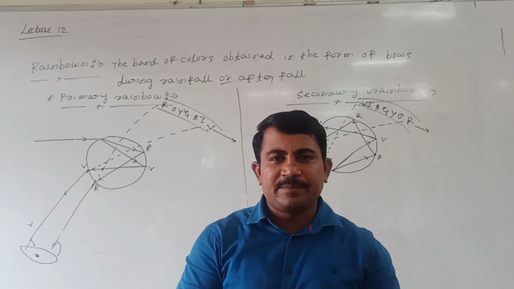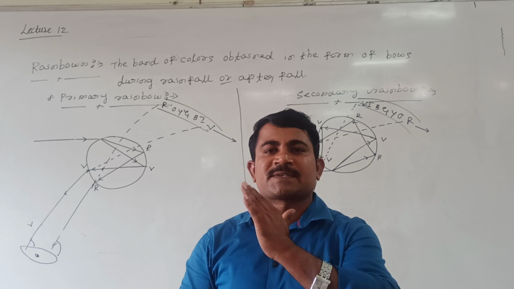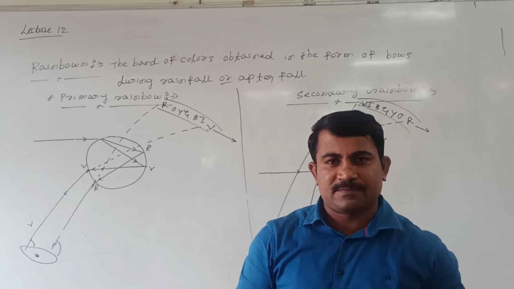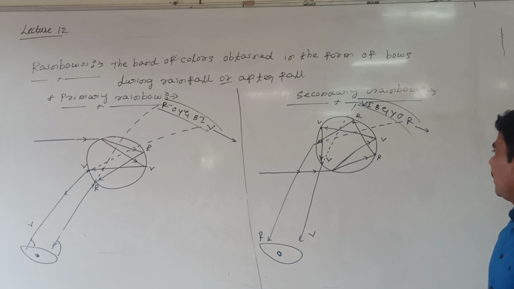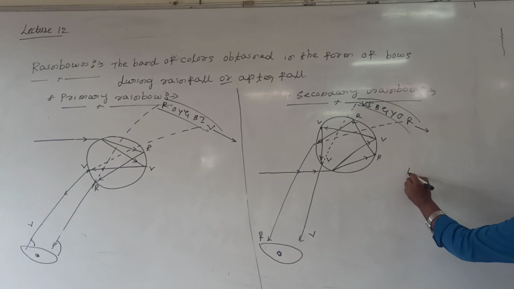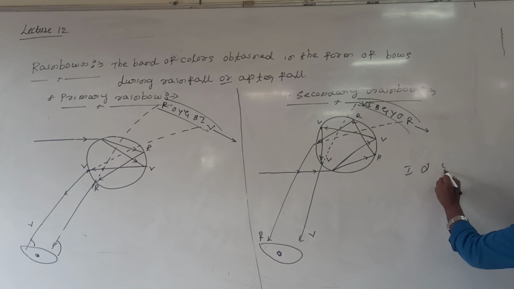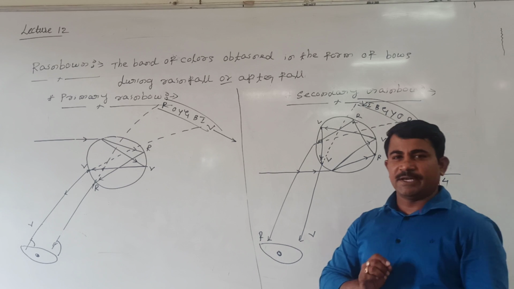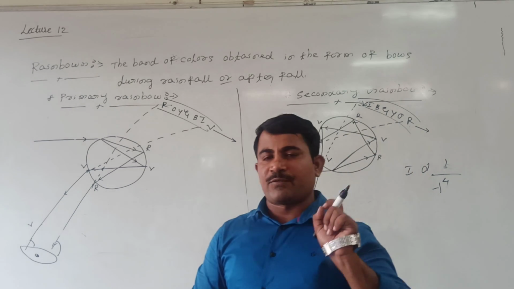Rayleigh says that the intensity of scattered light is inversely proportional to the fourth power of the wavelength of light.